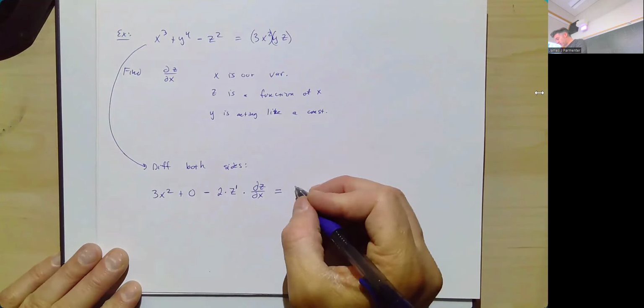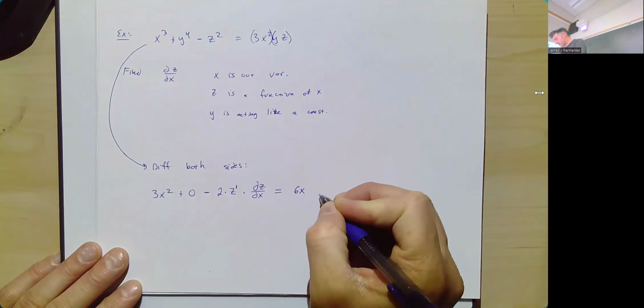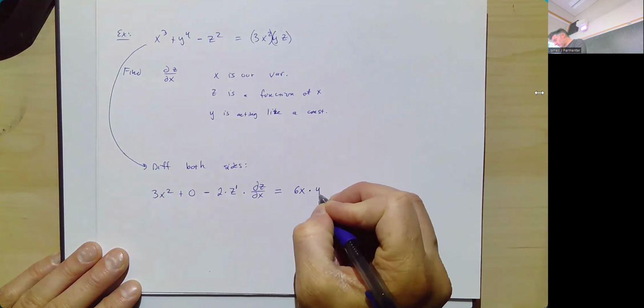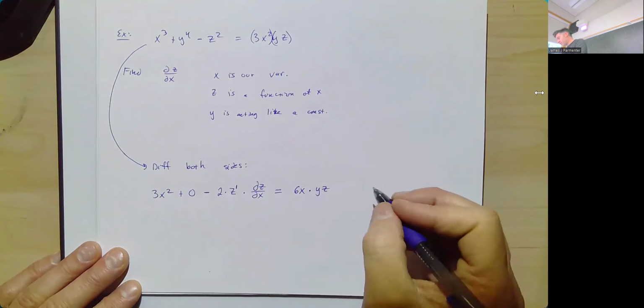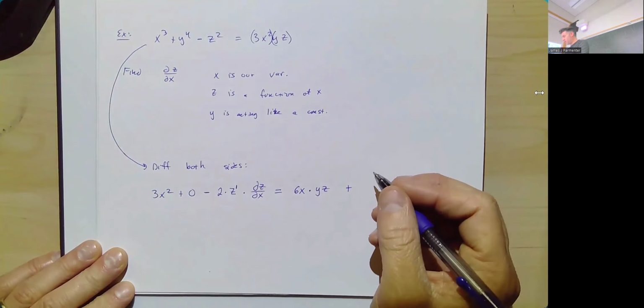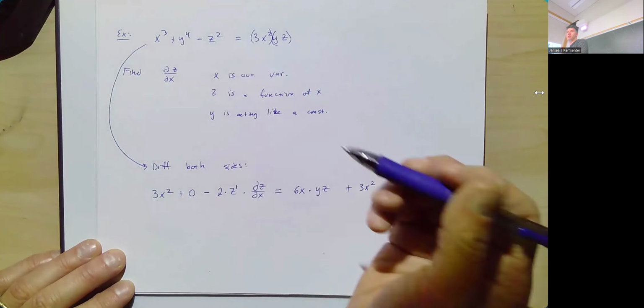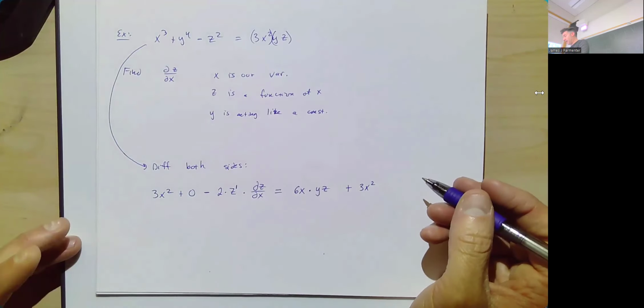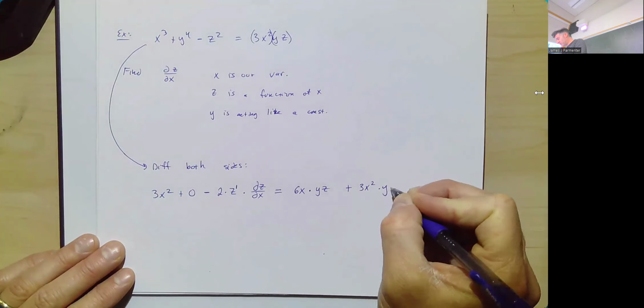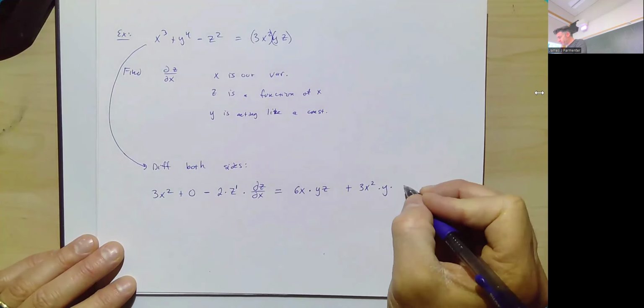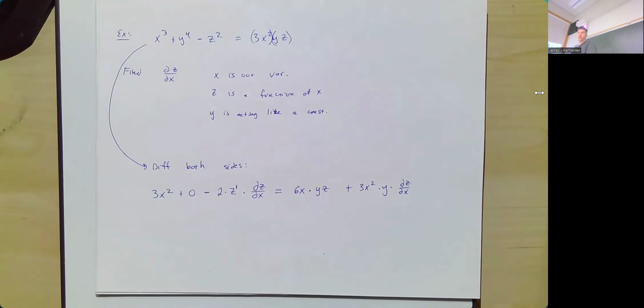So the derivative of 3x squared is going to be 6x. We're going to leave the other piece alone. Plus, now we change it up. We leave the 3x squared alone. And the derivative of y times z, well, y is a constant, so it's going to hang out. And the derivative of z is the derivative of z. Del z del x.